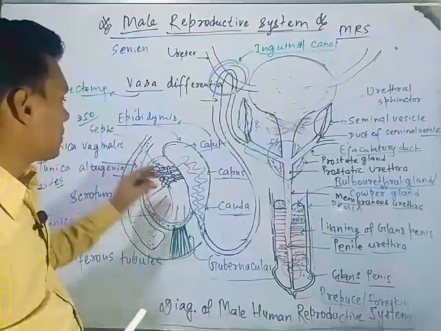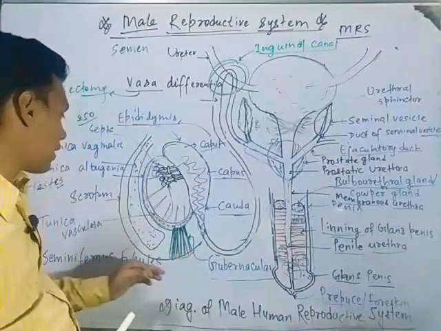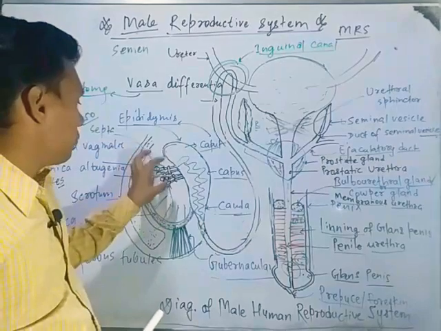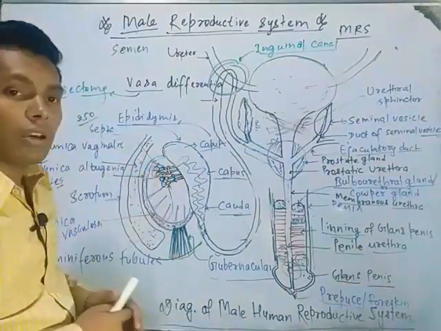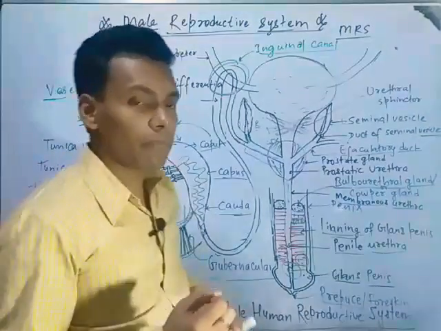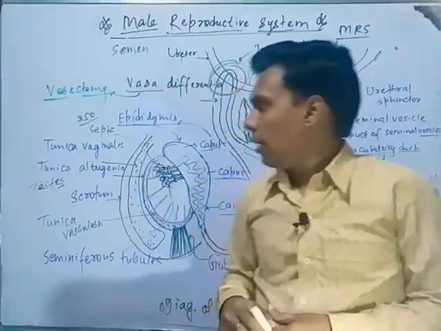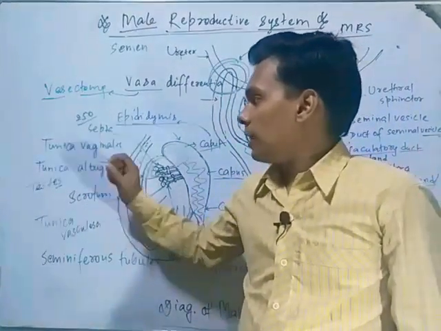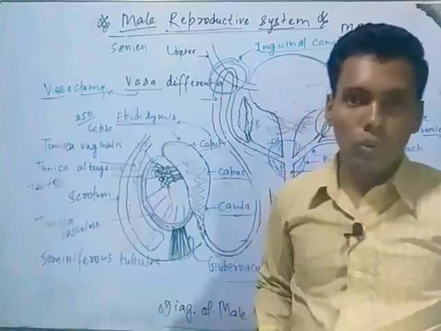The testis is present inside the scrotal sac. The testis is covered with protective coverings of three types: tunica vaginalis, tunica albuginea, and tunica vasculosa.